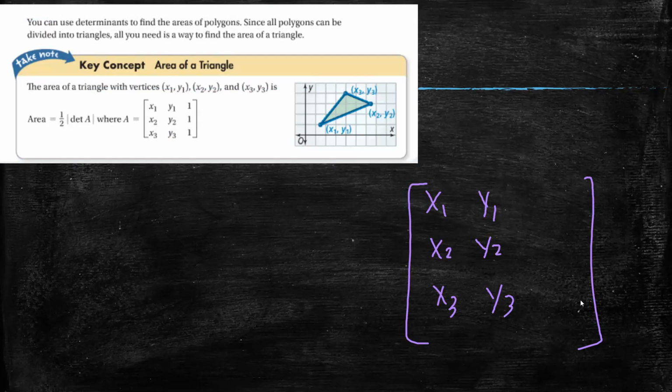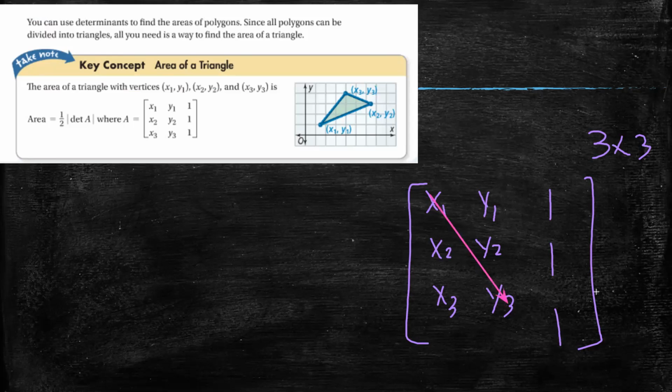But if you write x3, you must put y3 beside it. Then this is not a square matrix. To make it square, you need to put 1, 1, 1 here. Then after that, this comes now as a 3 by 3 matrix. Find its determinant, as we learned before.